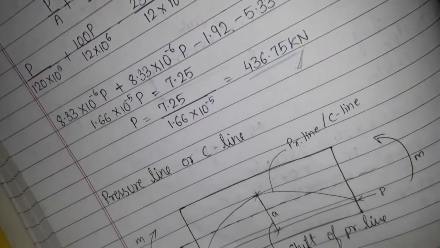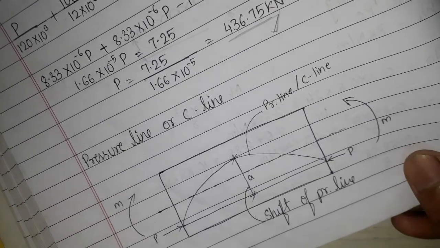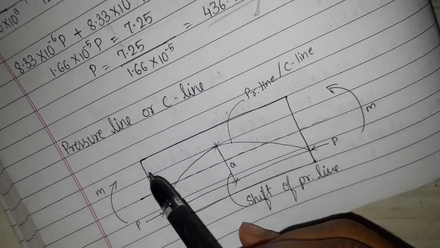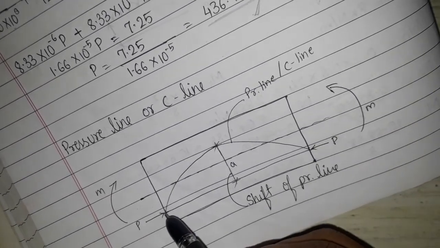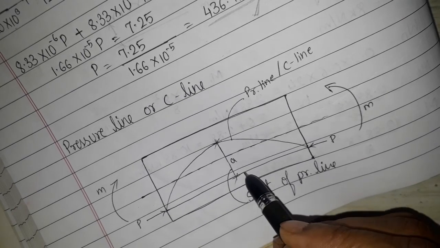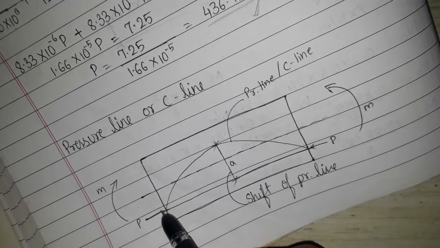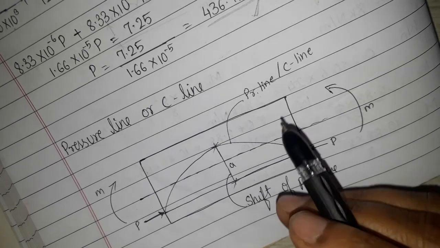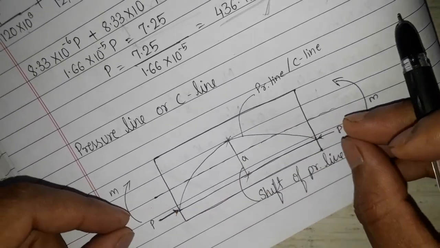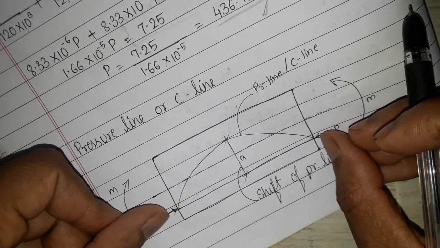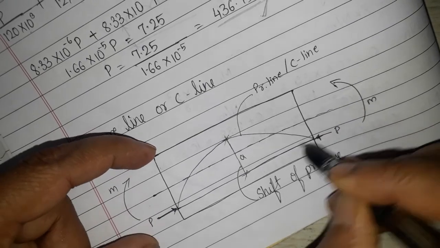I'll explain how it happens in the beam. You can see here the beam section, and this is the cable provided in the beam, which will develop a pre-stressing force P. The cable will be pulled and tied at the ends, and when released, it develops a pre-stressing force P at the ends.